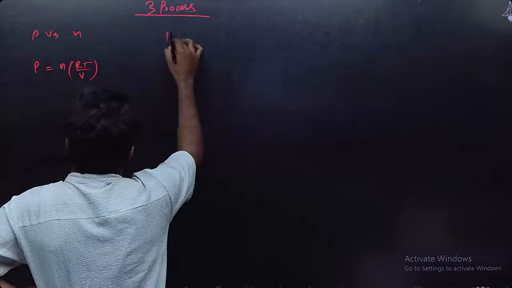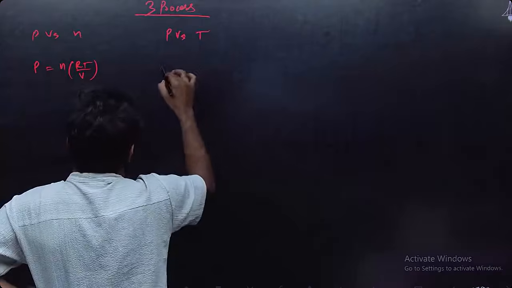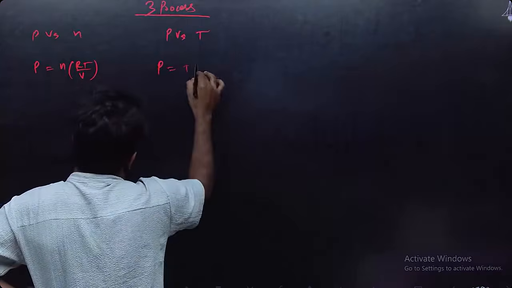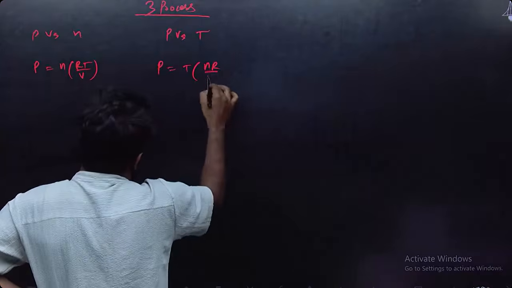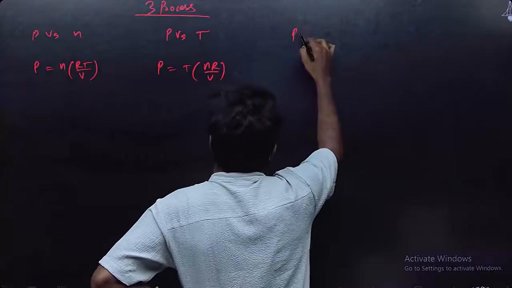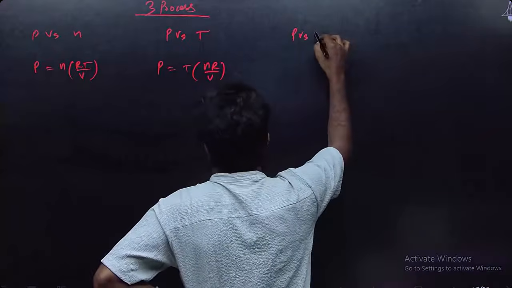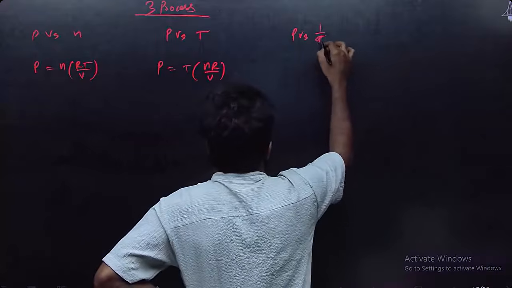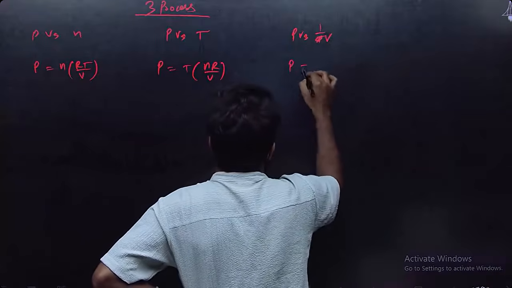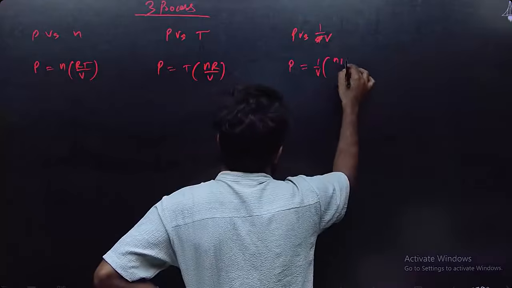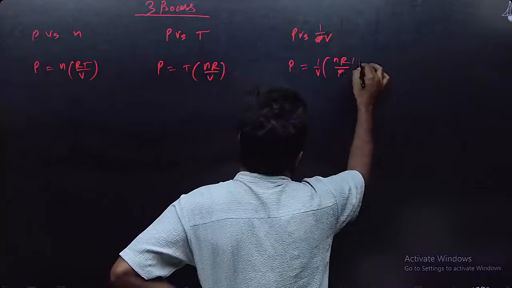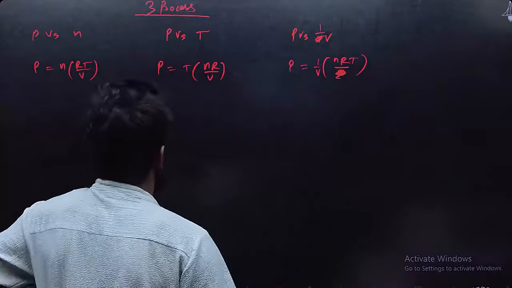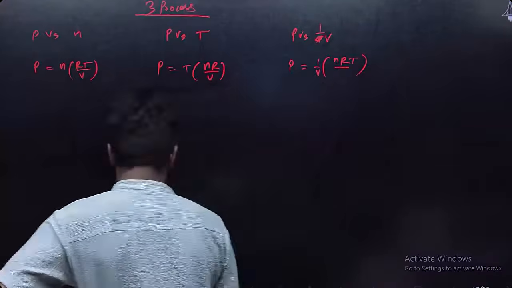P versus T, when you plot, you will get nR by V as constant term. And when you plot P versus 1 upon V, you get nRT as the constant term.